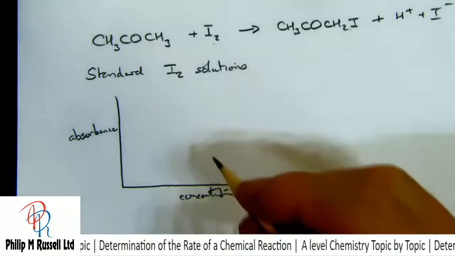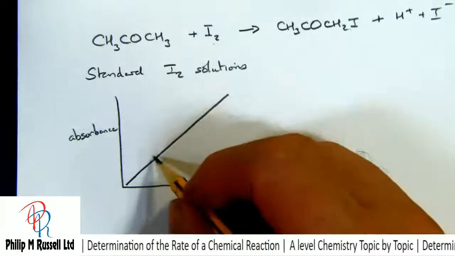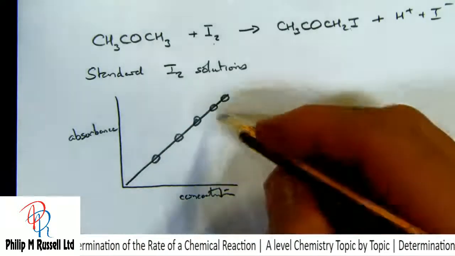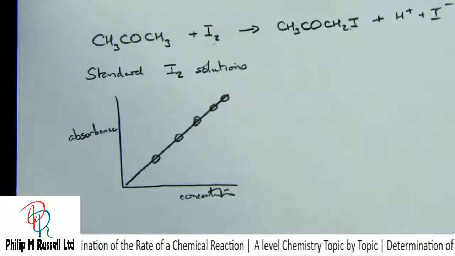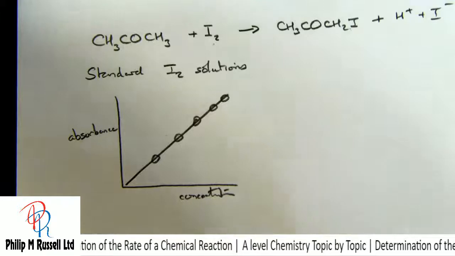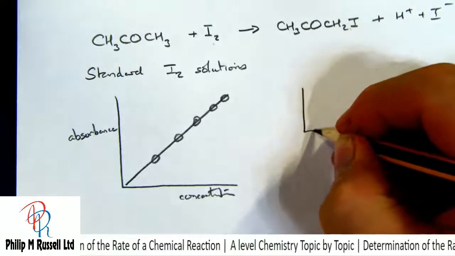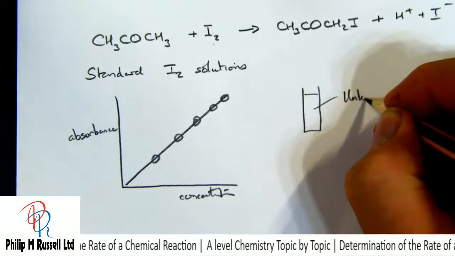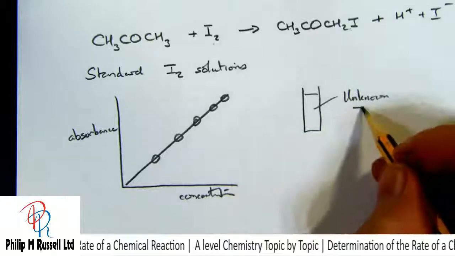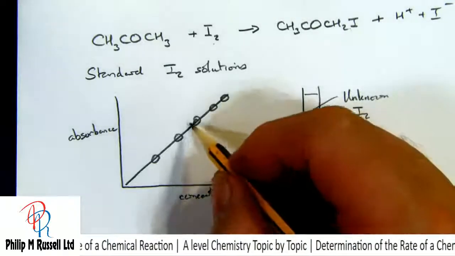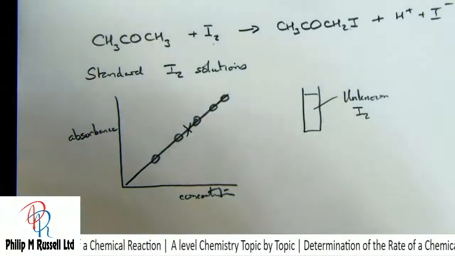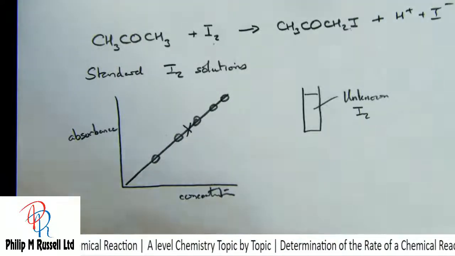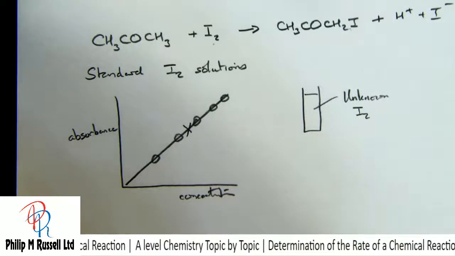And we would get, perhaps, values on the line there, different concentrations, different amount of absorption. Now if I take in my cuvette here an unknown solution of iodine in there, then it might come up with a particular value, and that particular value then I can calculate exactly where it's going to be on the graph.